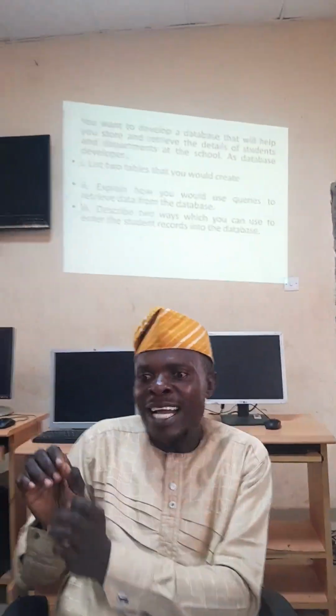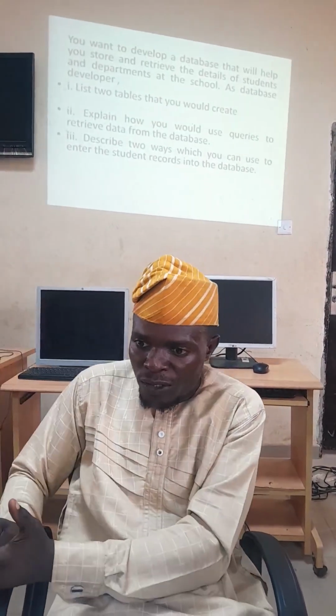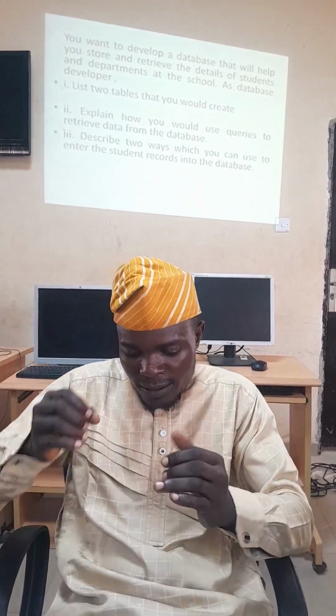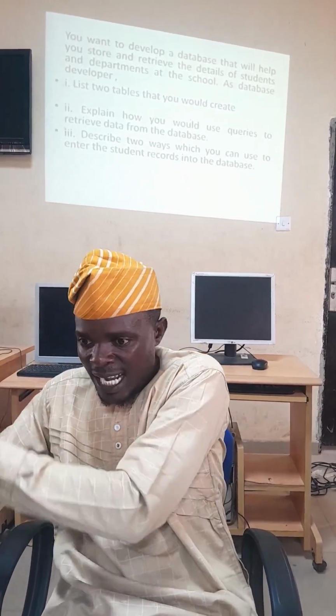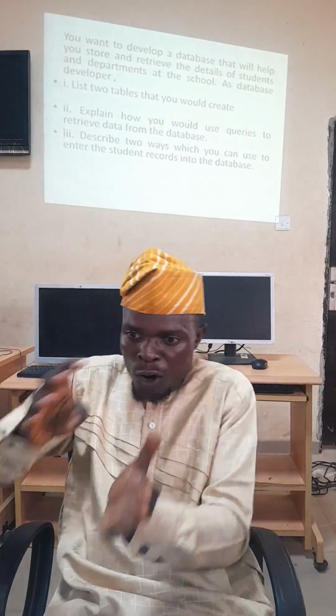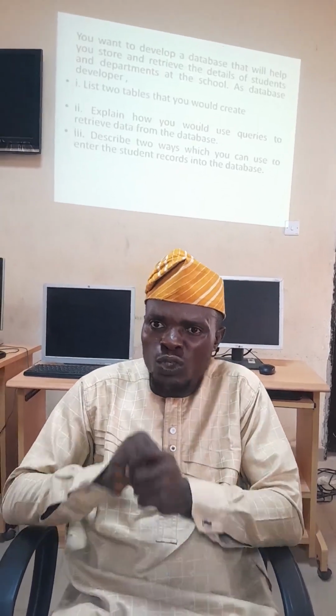Where age is less than this, where age is greater than this. You select from the field. What are you selecting? Age? State of origin? From which table? You put the name of the table, and after that you can put the condition you want to use: where this is this, where that is that. So that is how to retrieve data from the database.